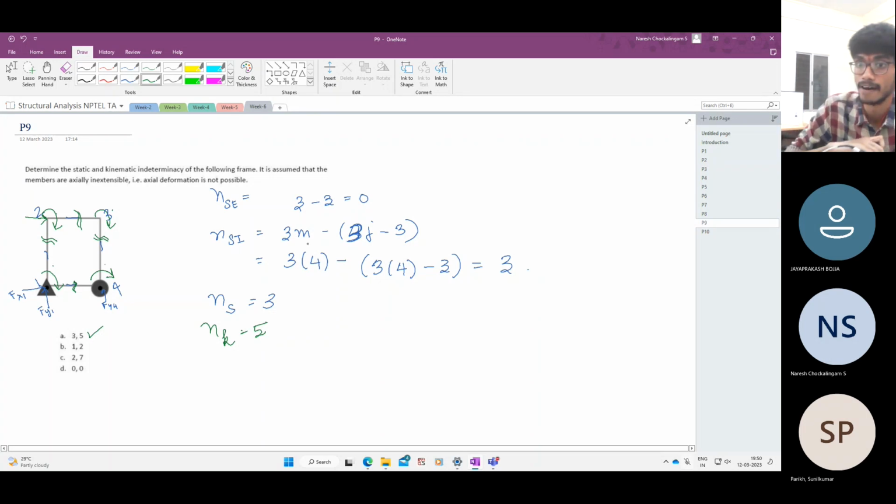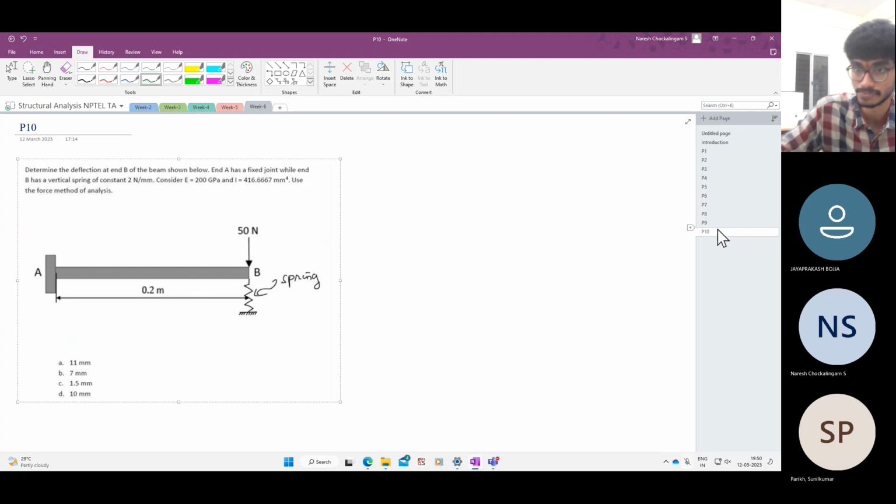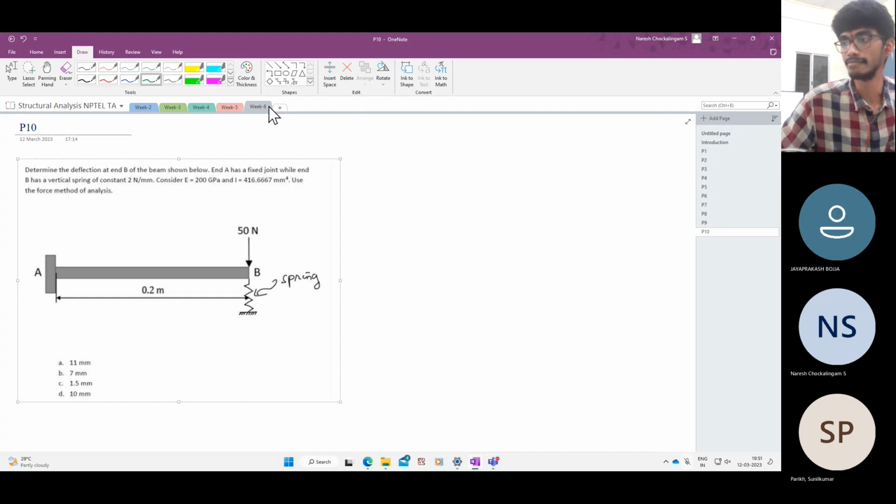Now let's go to the last problem for the day. So here, let us determine the deflection at this end. This is a very interesting problem. What we have is not a prop cantilever.